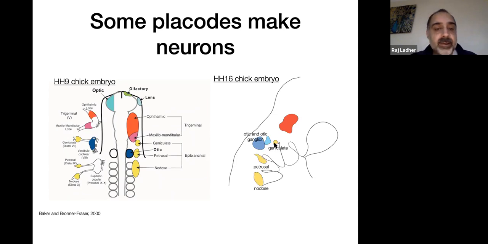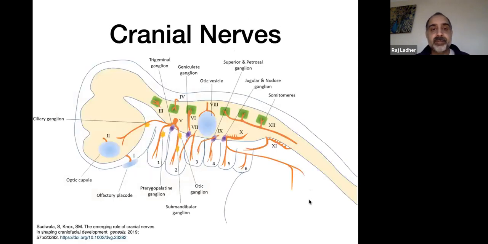And so even though they're born outside of the nervous system, they need to find their way back into the nervous system to make a cranial ganglion. And this seems to be driven again by a crosstalk between neural crest and placodes. And so remember, we have this beautiful organization of cranial nerves. They seem to be segmentally organized.